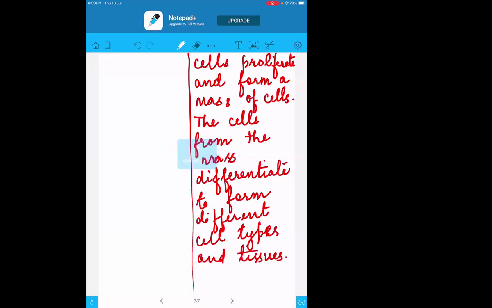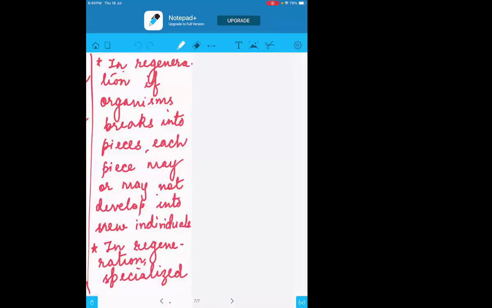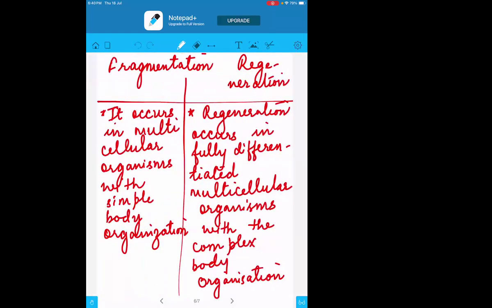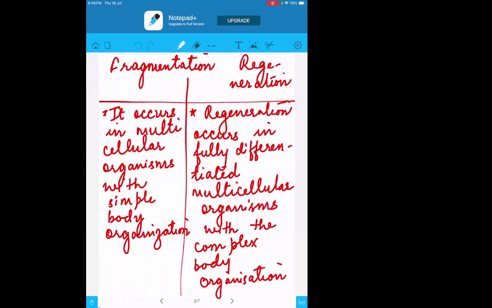So here they have the regenerative cells, totipotent cells, or specialized cells, and they will form the mass, and this mass will differentiate into different cell types or tissue types. So that is the difference between fragmentation and regeneration. So note this down.